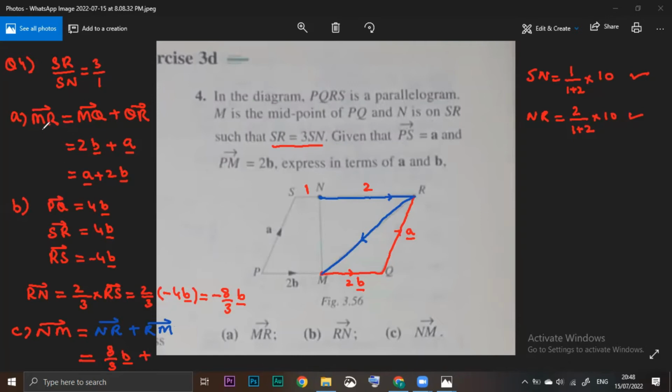RM is, I have MR. MR is A plus 2B. RM will be minus A minus 2B.